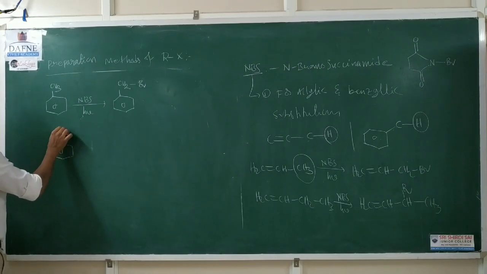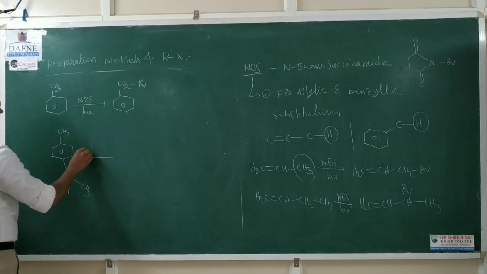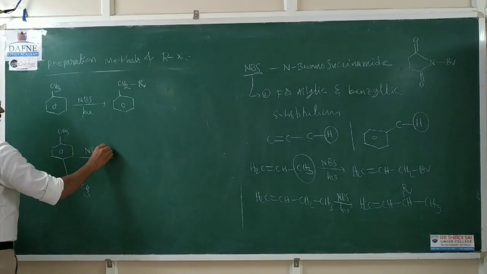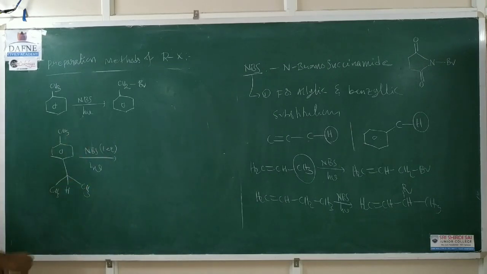Now another example. This is methyl and this is its isomer, so it is CH3 and H, CH3. Here NBS, one equivalent is taken. Now this is a benzylic carbon, and this is also a benzylic carbon.